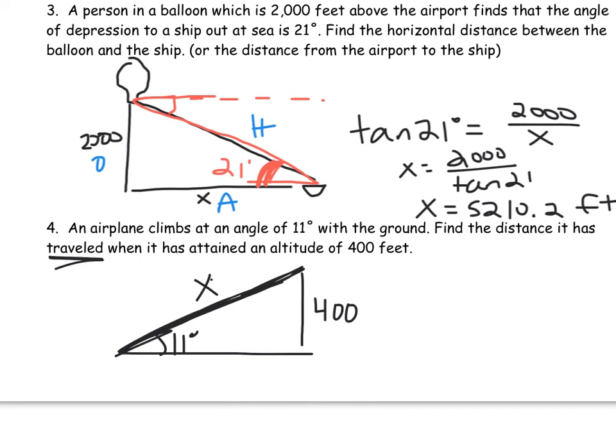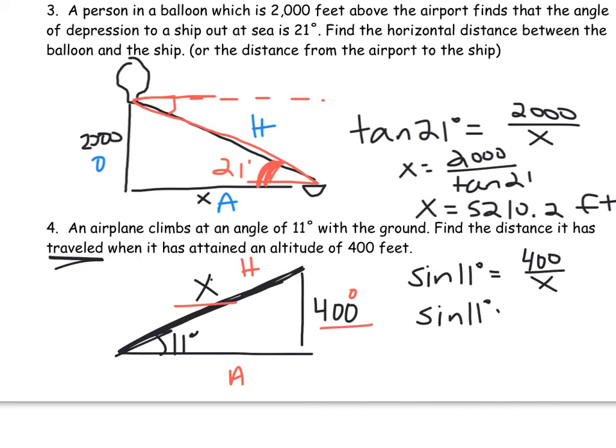So we would label our HOA. So O and H is where I have my information. So sine of 11 degrees equals 400 over x.